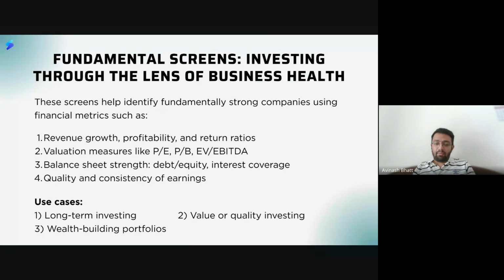And here, primarily the use cases, meaning the types of investors that focus primarily on fundamental screens, are like, if you are into purely long term investing, you won't care about technicals. Then if you are primarily focused on, let's say, wealth building portfolios, so if you are creating a diversified portfolio, then your primary focus won't be on the price of the stock.